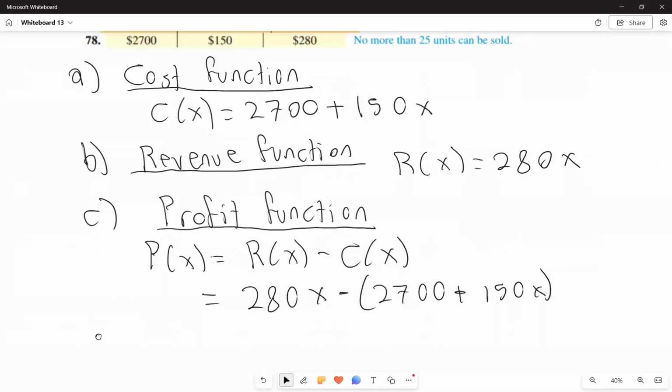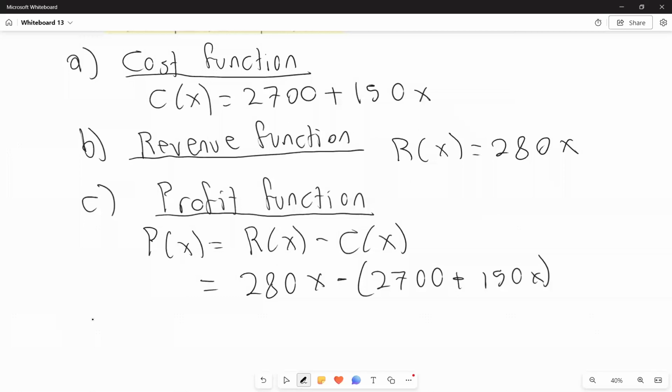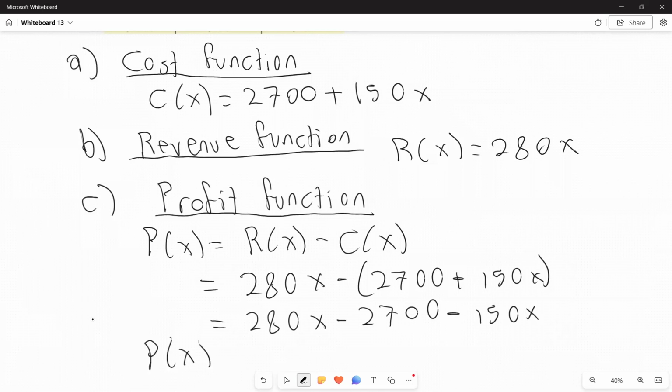Distribute that minus: 280x minus 2,700 minus 150x. And 280 minus 150 is going to be 130, so P of x equals 130x minus 2,700. Okay, so that's part C.